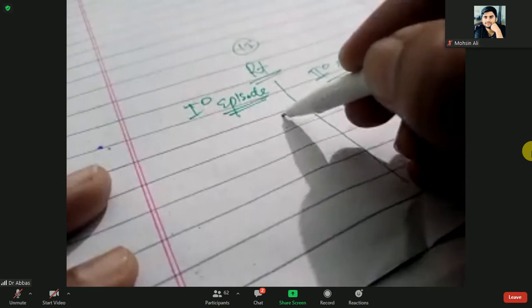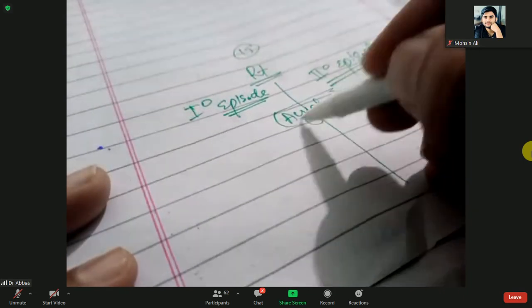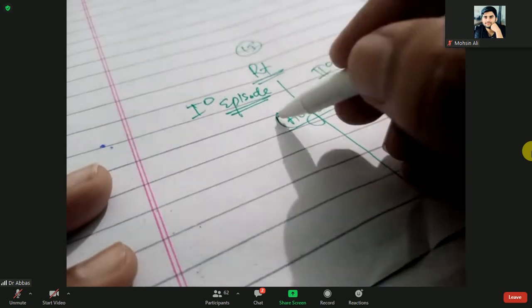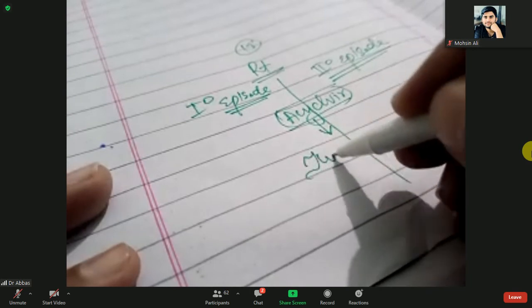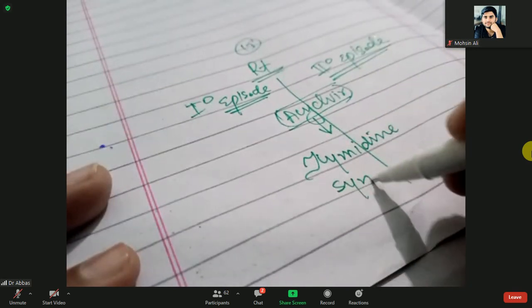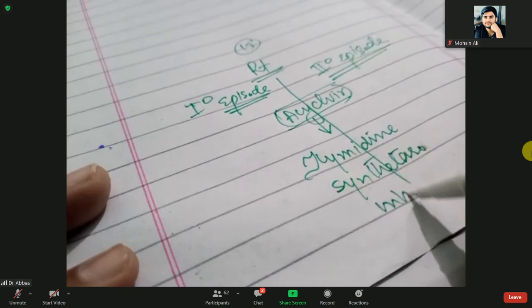So here the drug of treatment is acyclovir, a thymidine synthetase enzyme inhibitor. So how does acyclovir work? It is a thymidine synthetase inhibitor.